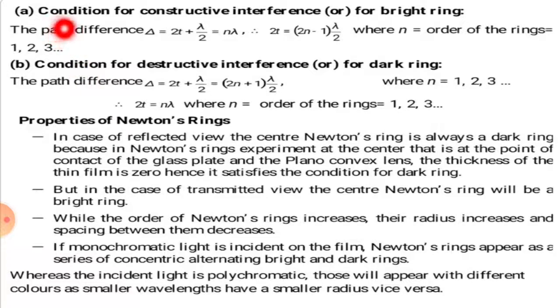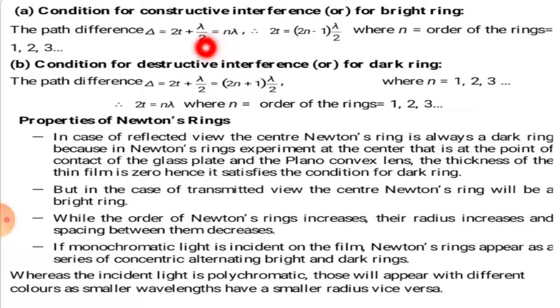First we will find out the condition for constructive interference, or the bright fringe. We know the condition for constructive interference is delta equal to n lambda. When the path difference is an integer multiple of the wavelength, we get constructive interference. That means as a result we get the maximum intensity. Here the path difference 2t plus lambda by 2 is equal to n lambda.